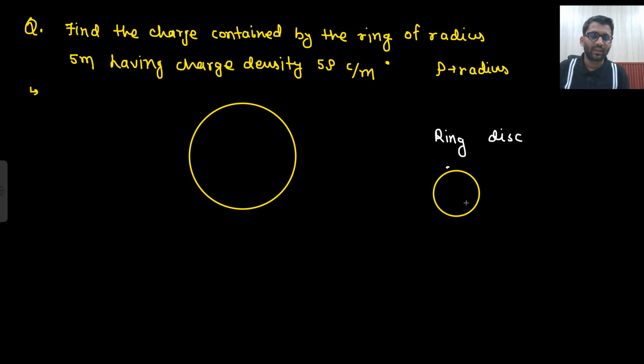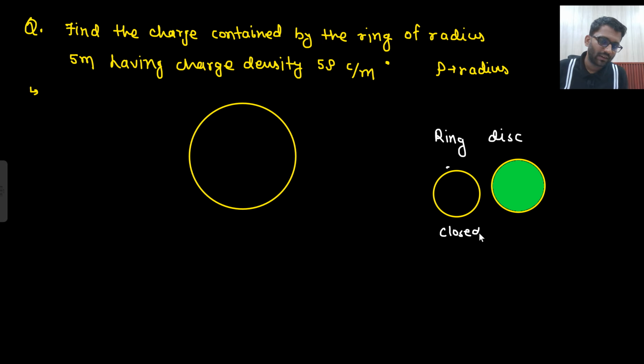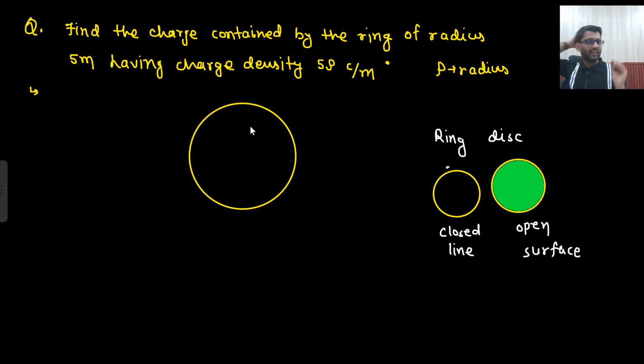This is your ring, and this is your disc. This is known as a closed line, and this is an open surface. So there is a difference between both of them. It is not enclosing any area. Sorry, it is enclosing a surface area, but in between there is no material. Now what they are saying is that it has a radius of 5 meter.